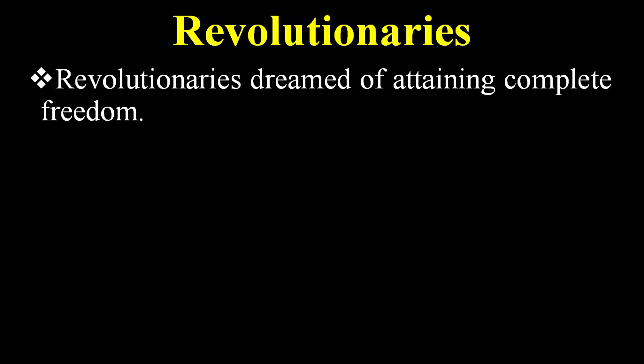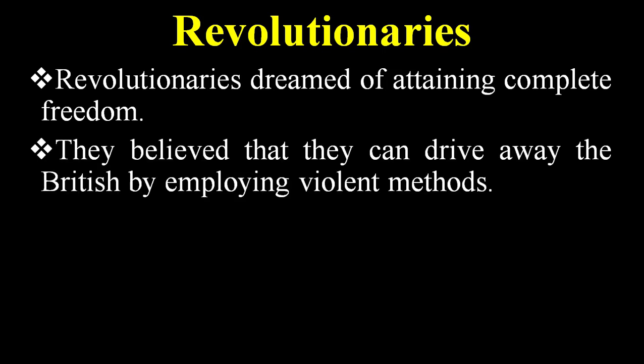Revolutionaries. After the moderates and radicals, one more group emerged against the British, called the revolutionaries. Revolutionaries demanded complete freedom. They believed they could drive away the British by employing violent methods.